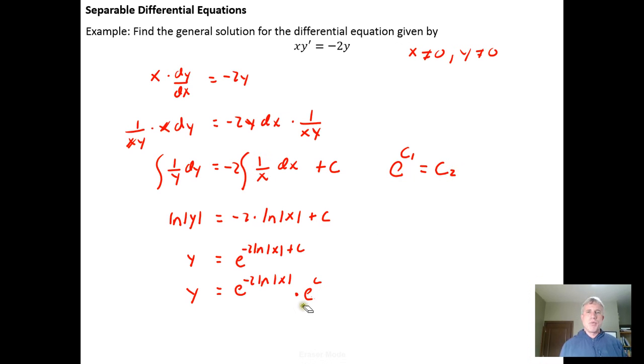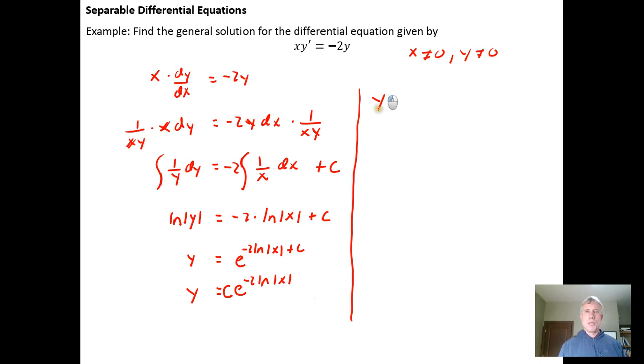So we can rewrite the e to the c with just c. There's a constant that we get by raising e to the c, and the convention would be to put that constant in the front. So y equals c e to the negative 2 times the natural log. And we can push this even a little bit further.